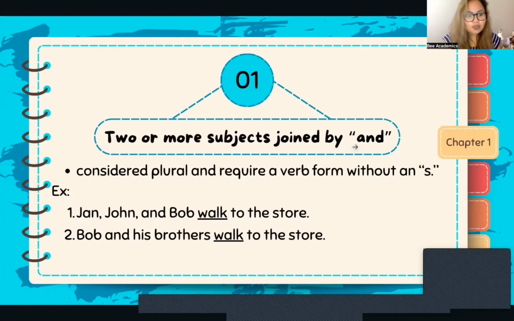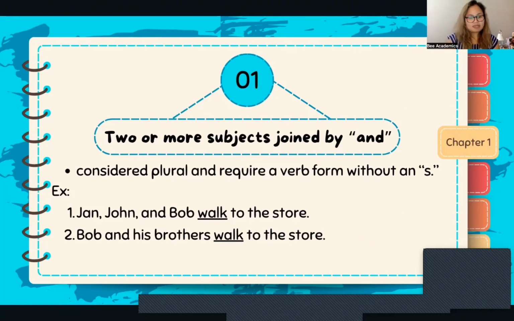So for rule number 1, two or more subjects joined by and are considered plural and require a verb form without an S. So when we use subjects that are in plural form, we will use a verb without an S. So for example, number 1, Jean, Jean, and Bob walk to the store.